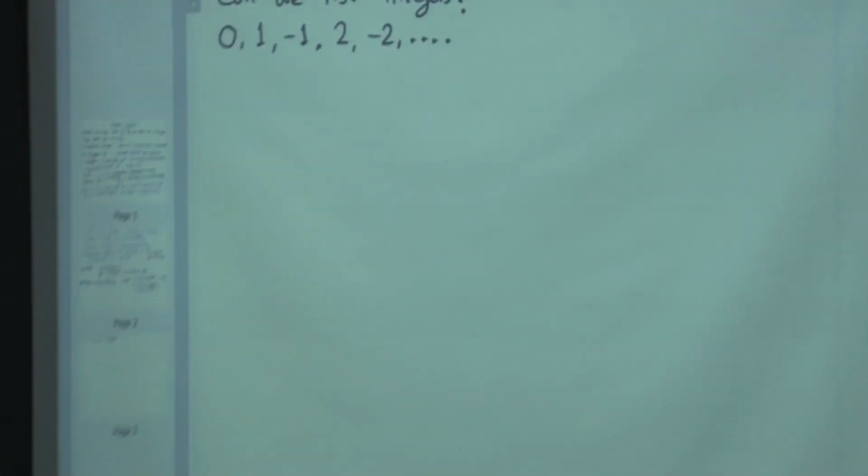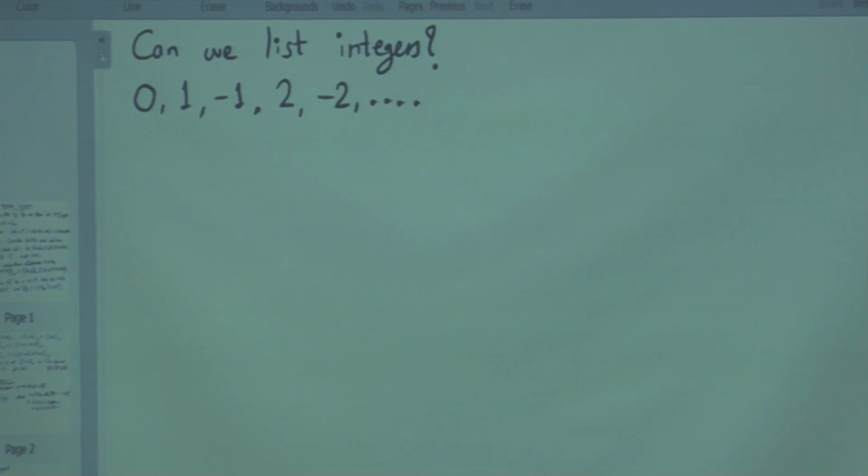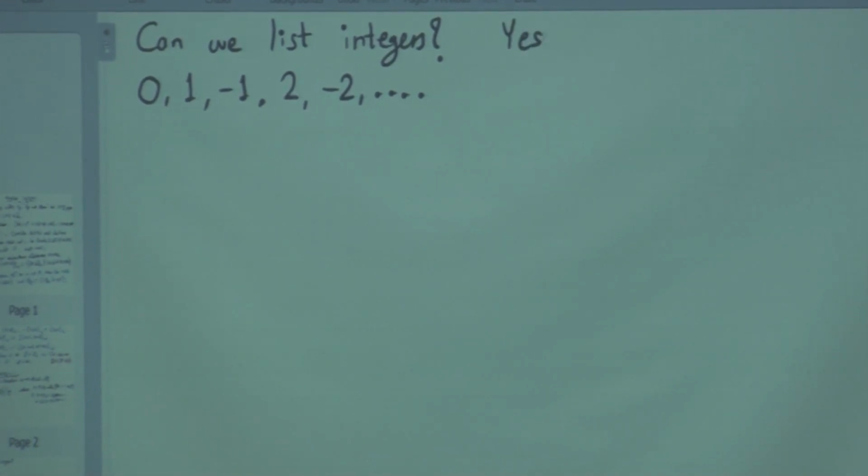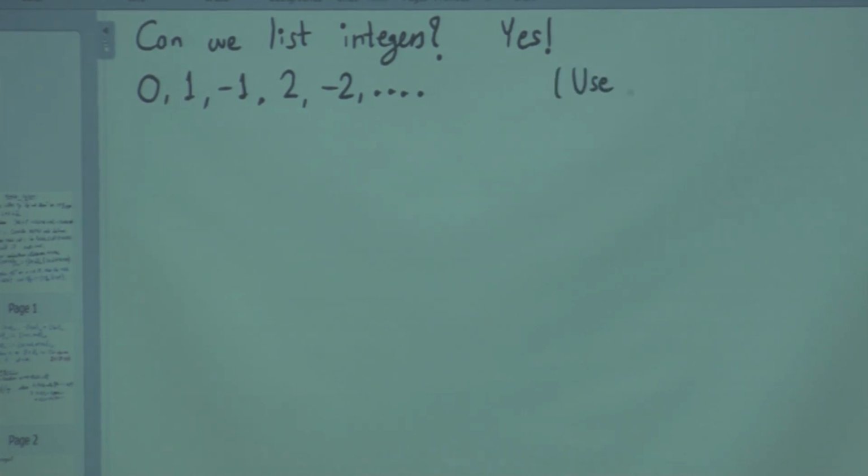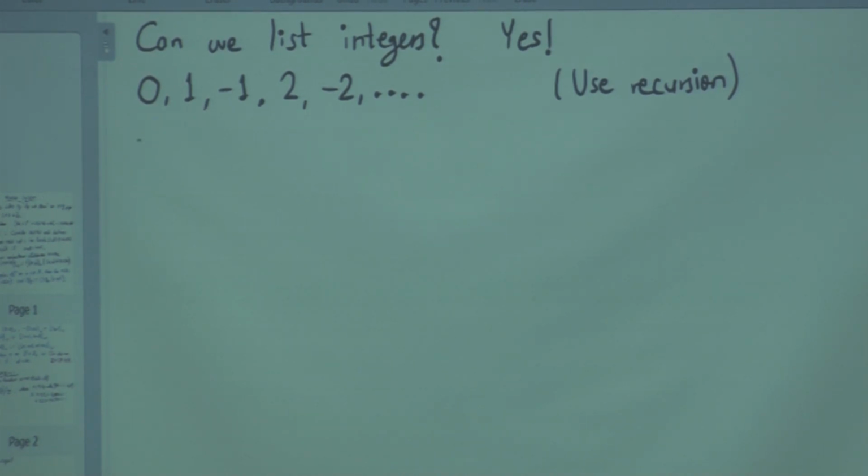Now by the principle of recursion, we can actually complete this sequence, and that will define a bijection between omega, the natural numbers, and the integers. So therefore, yes, and this is the answer. Use recursion to define this function. So what we have concluded is that omega is equinumerous with the integers.